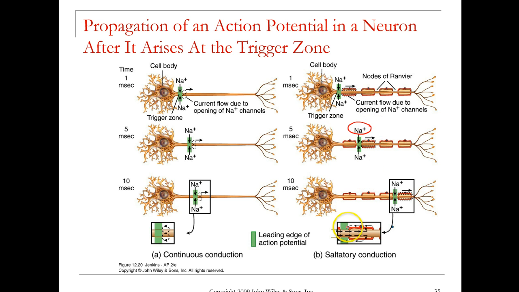And then that will create a little current that will sweep the ions through the axon to the next node of Ranvier. So the next area will be stimulated, it'll detect a change in voltage, and it will have an action potential. So this would be analogous to leaping from one area to the next. The term saltation literally means to leap. That's going to speed up how fast the action potential goes all the way down the axon.